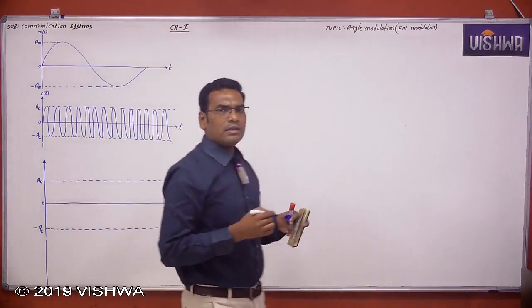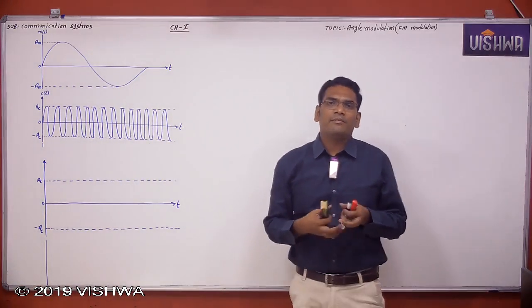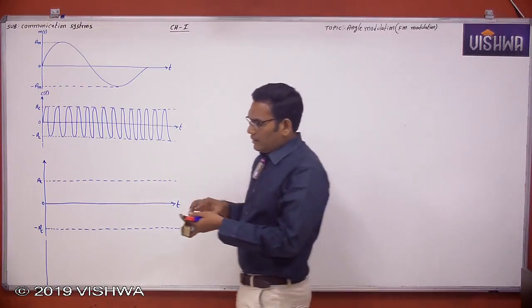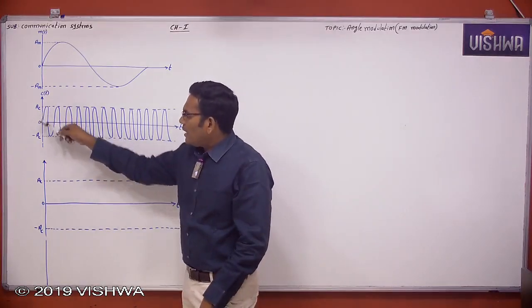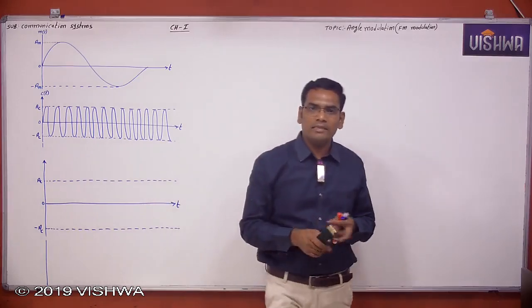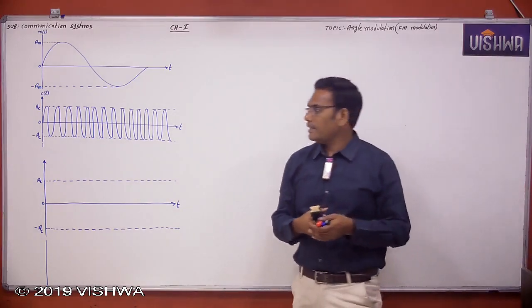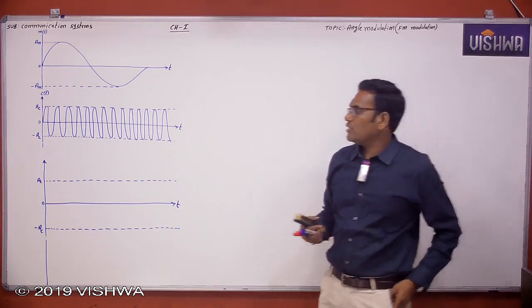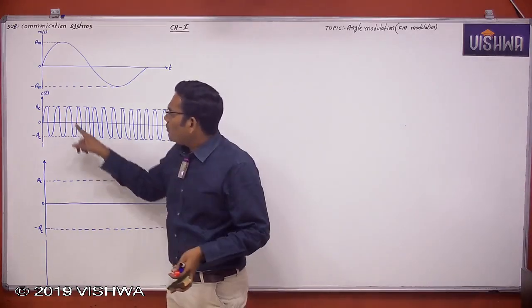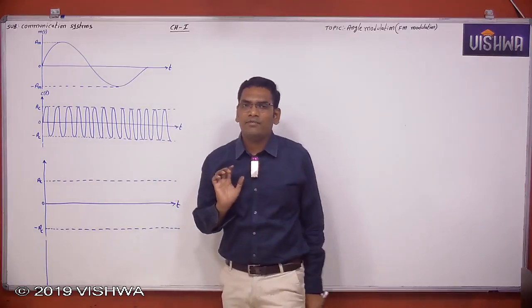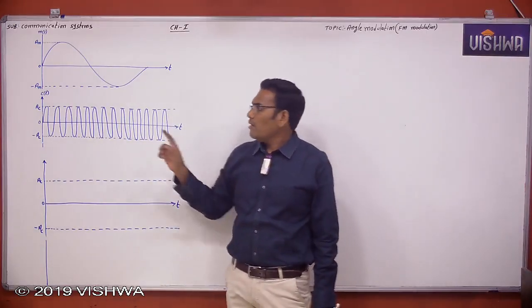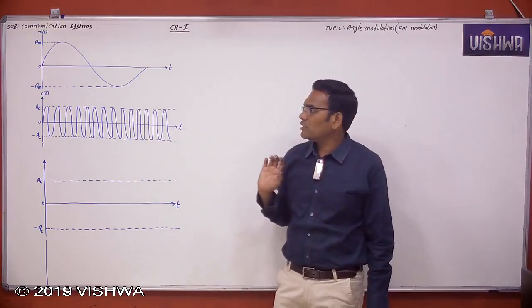Okay, now see here. The amplitude of the carrier before modulation is Ac. The amplitude of the carrier after FM modulation is also Ac. There is no change in amplitude. Is that right? Now what is the frequency of the carrier before modulation? Fc. What is the phase of the carrier before modulation? Phi.